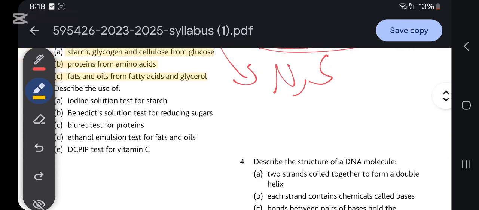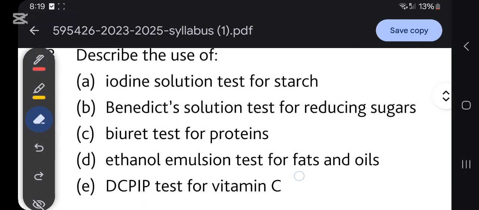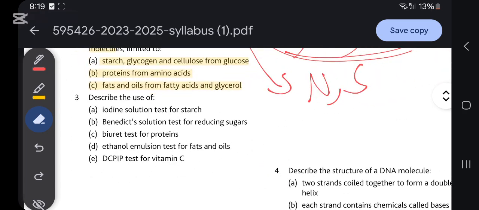Basically each fat molecule contains glycerol and 3 fatty acid molecules combined to it. So 1 glycerol and 3 fatty acids. You don't need to know all that, but just know it's made of fatty acid and glycerol. The number is not needed. Now we will be discussing the tests.